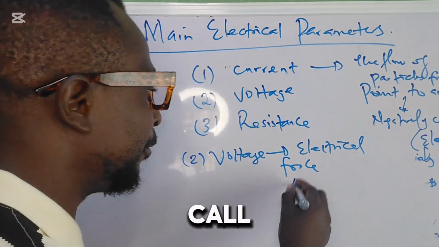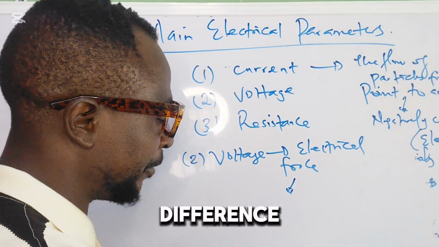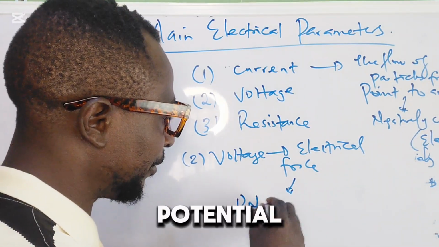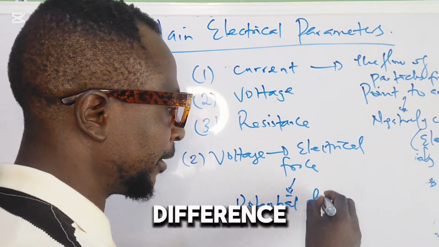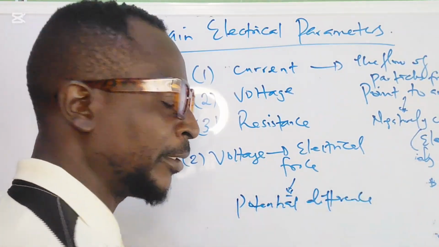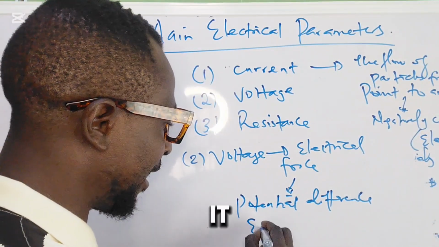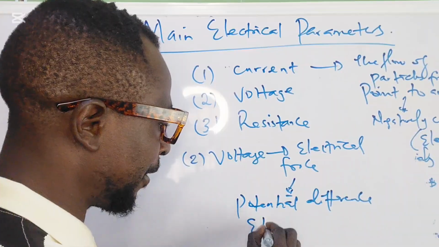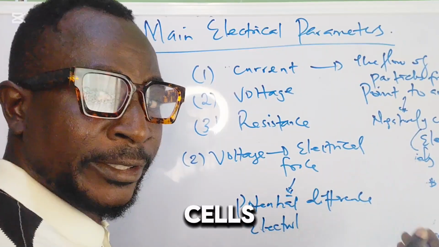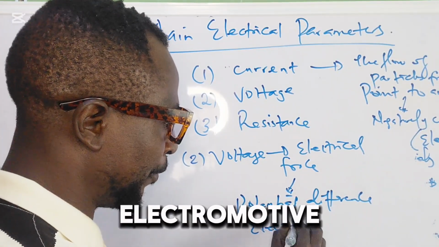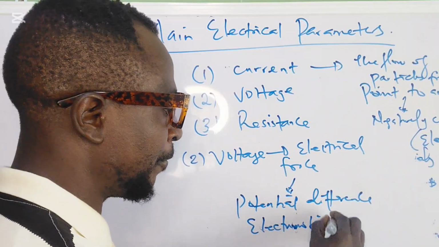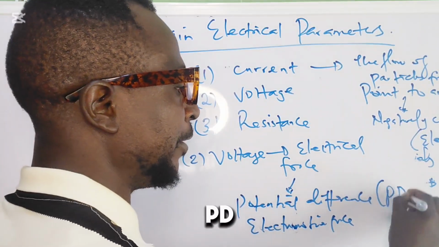So you can also call voltage the potential difference between 2 points. And you can also call it electromotive force, that's if you are dealing with cells. Electromotive force, EMF, while this is PD.